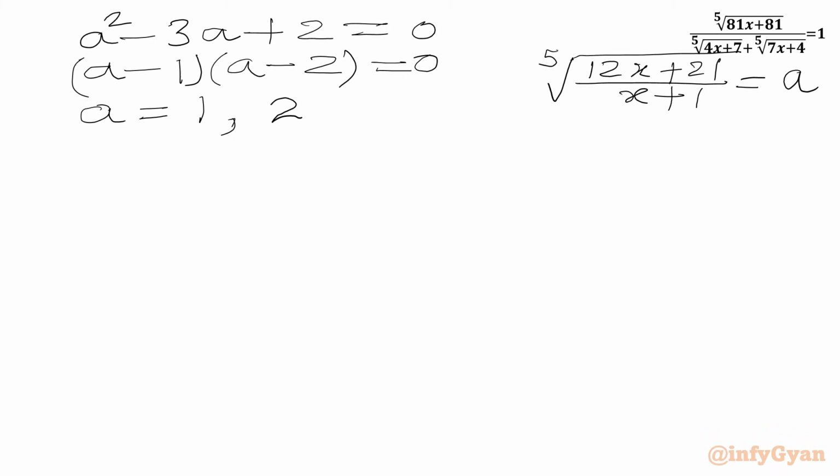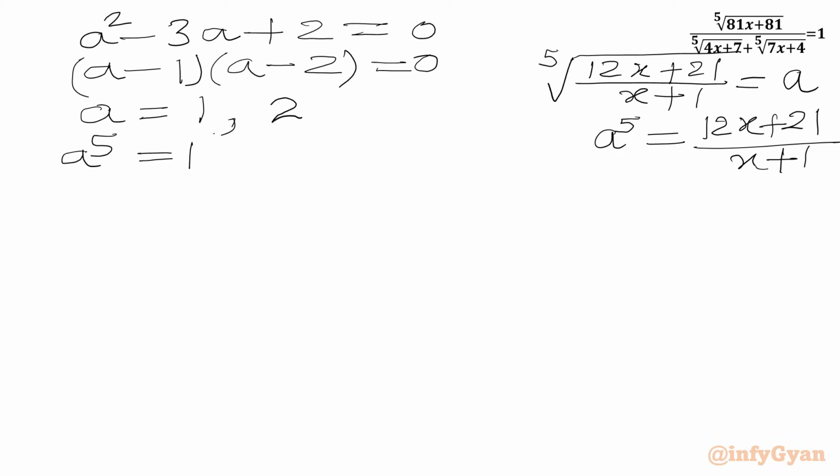So from here, I can write a^5 equal to (12x + 21) over (x + 1). So we have to find the value of a^5, which I will write as 1^5, comma, 2^5. So the a^5 values will be 1 and 32.